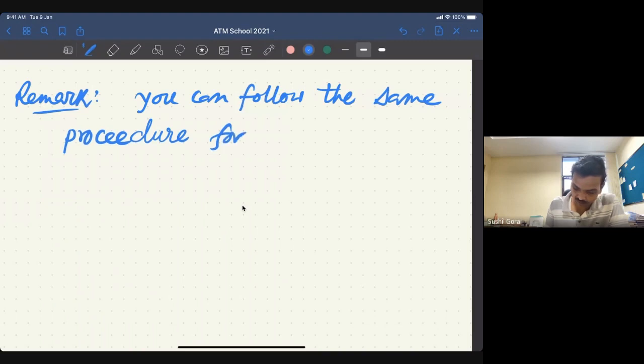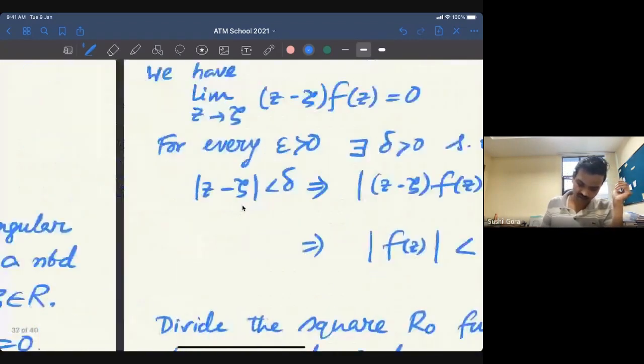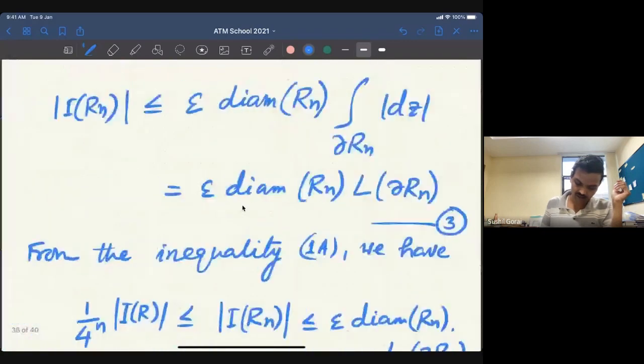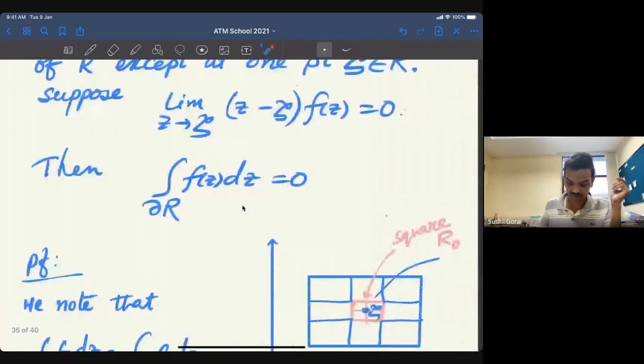For ellipse, half spaces and so on, you can modify the argument a little bit here to get star domains, star-shaped domains.